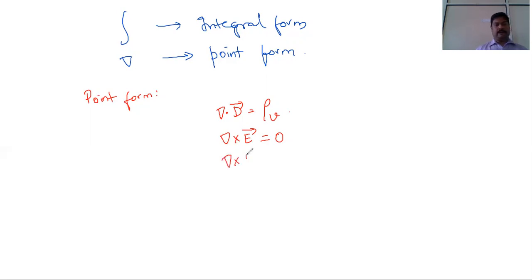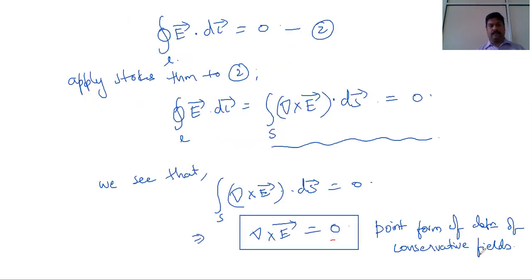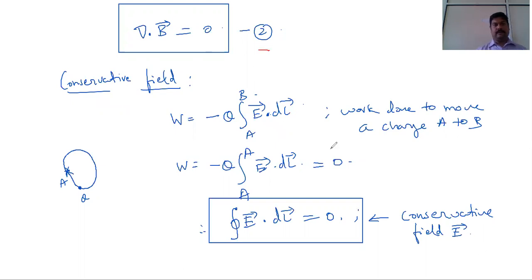We saw Ampere circuital law in point form, del cross H equal to J. If you've forgotten this, please refer to my previous lectures. Also, just now we saw del dot B equal to 0. Yes, so this is equation number 2.